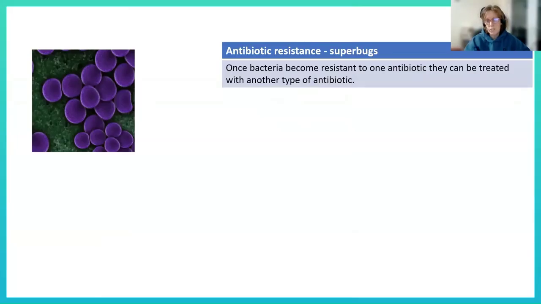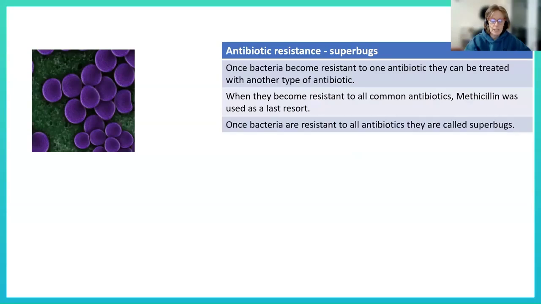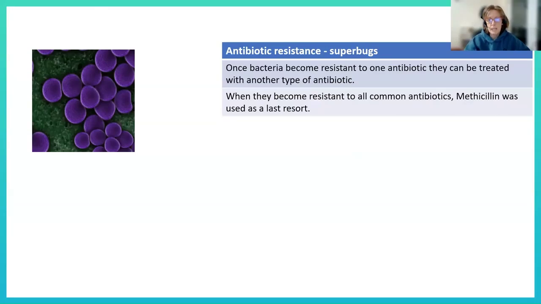They become resistant to one antibiotic, and then they get treated with another antibiotic, and then they become resistant to that. And when they become resistant to all antibiotics, there's one, methicillin, which is used as a last resort, and that's where MRSA gets its name from. It stands for methicillin resistant Staphylococcus aureus.